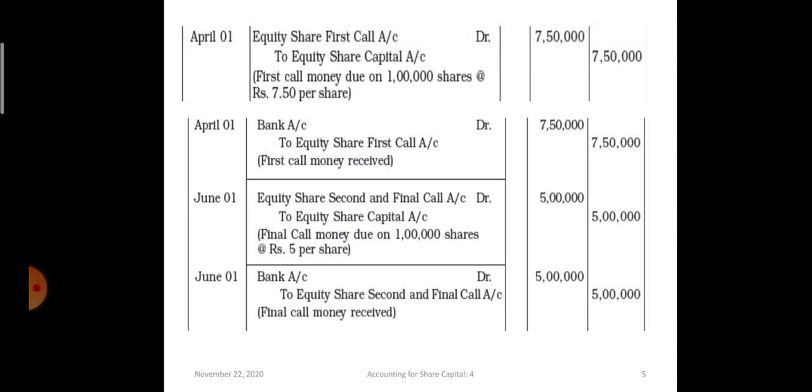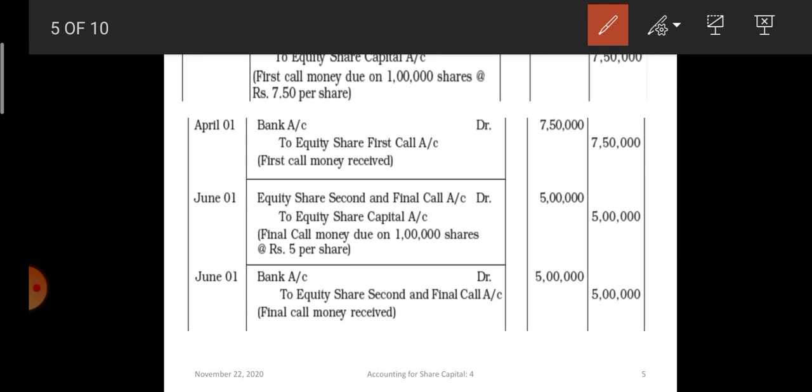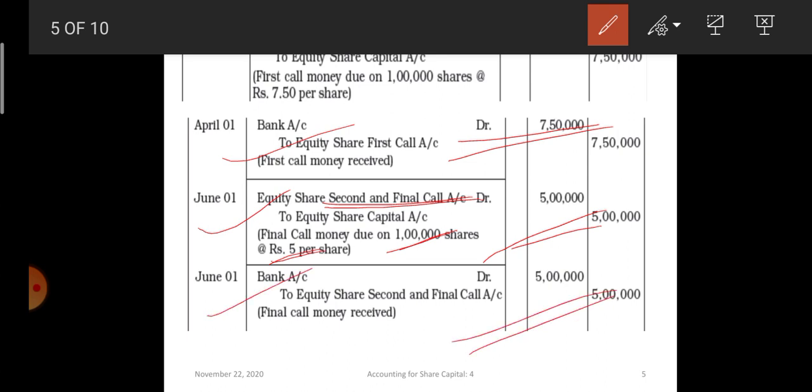Now the first call is made due, equity share first call to equity share capital, on 1 lakh shares at the rate of rupees 7.5, it is 7 lakh 50,000 rupees. On April 1st, the first call amount is received. Now on June 1st, the second and final call is made due at the rate of rupees 5 on 1 lakh shares, so it is 5 lakh rupees. On June 1st, the amount is received.